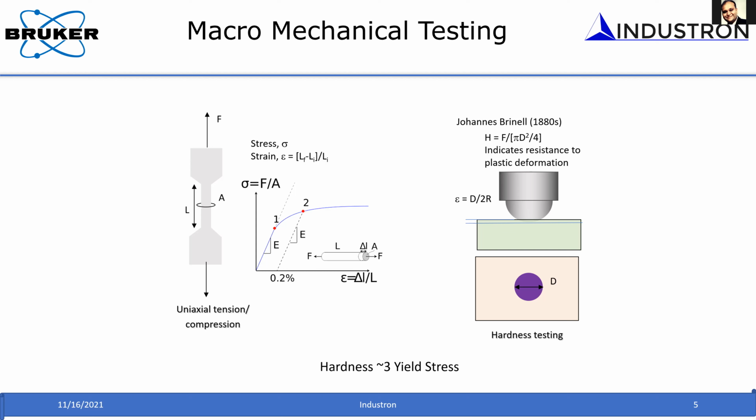There is a way to connect the hardness that you measure to the yield stress that you measure from other bulk testing techniques like tensile testing. For example, if you measure the hardness and multiply it by 3, it approximates the yield stress of the material. That factor of 3 comes mainly because of constraint.